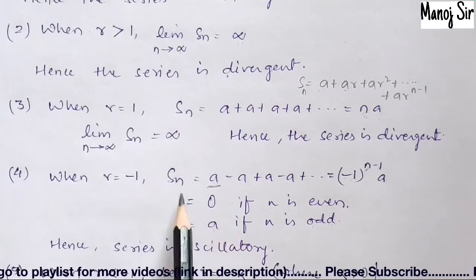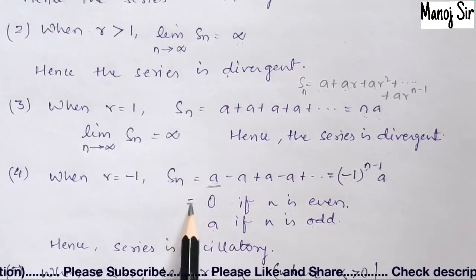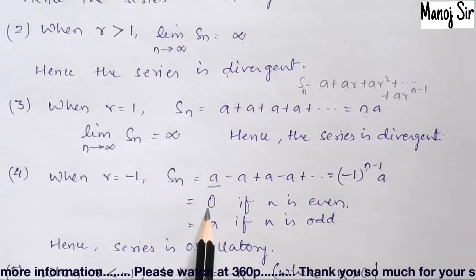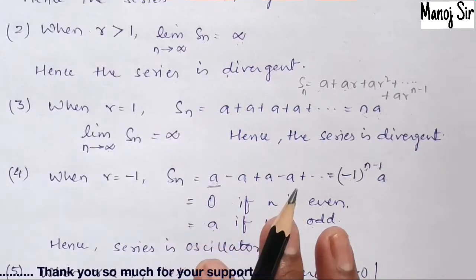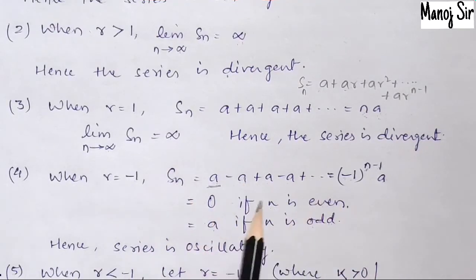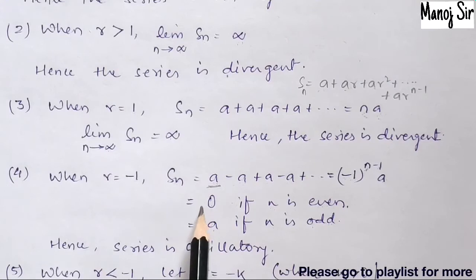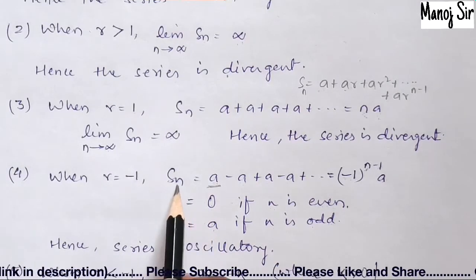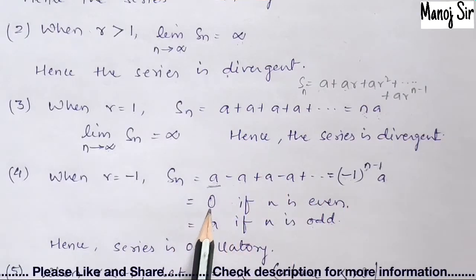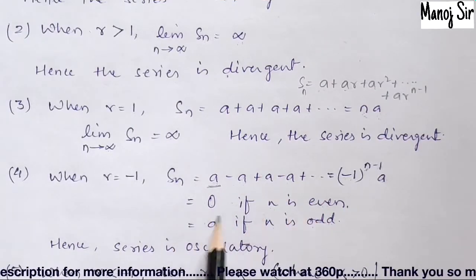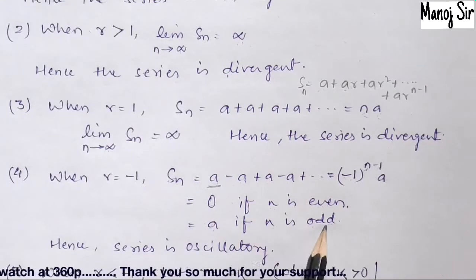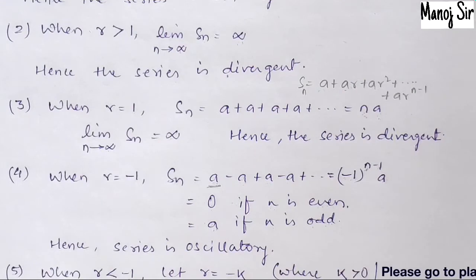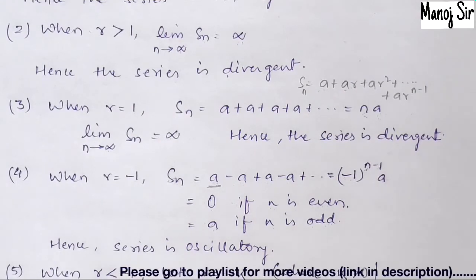The limit of this Sn is neither divergent nor a single finite value, so we can say the series is oscillatory, because it is giving two values, 0 and a. When n is even, it gives 0, and when n is odd, it gives a. Hence the series is oscillatory.